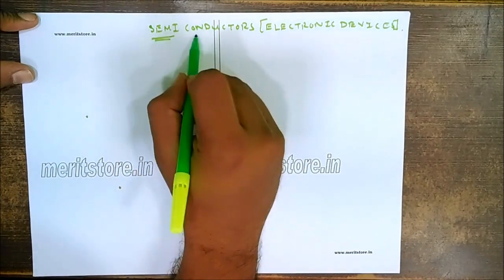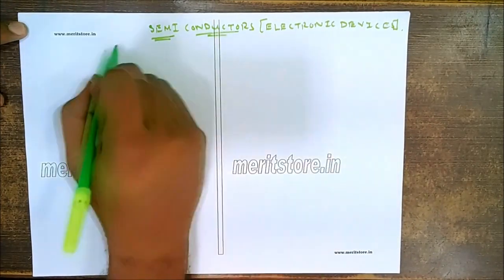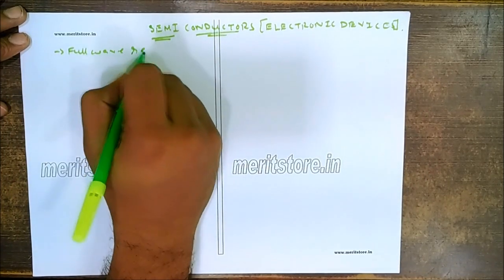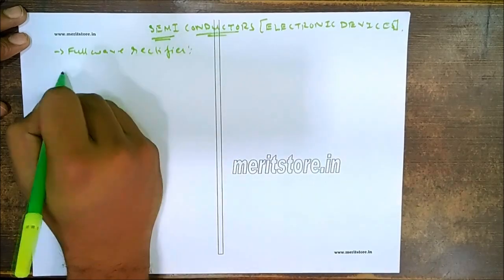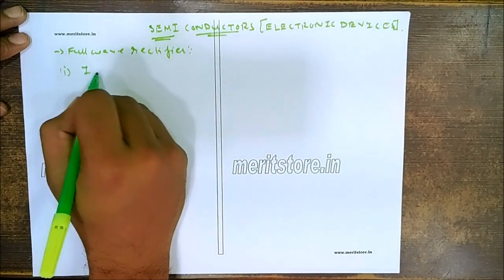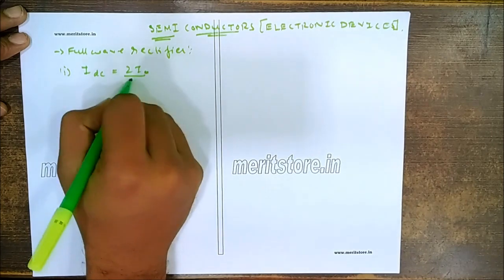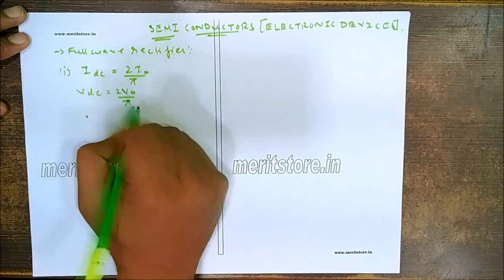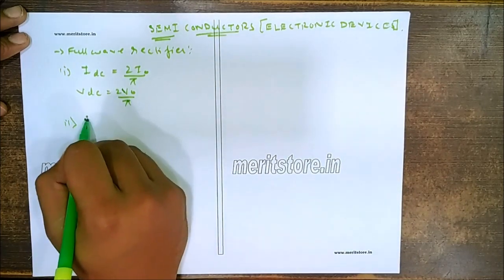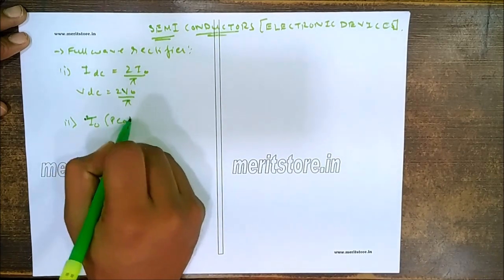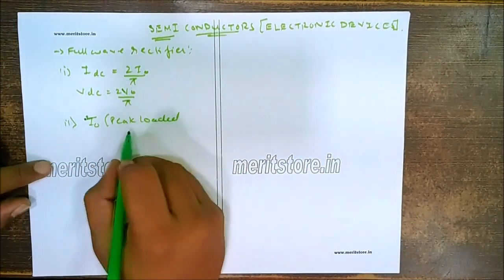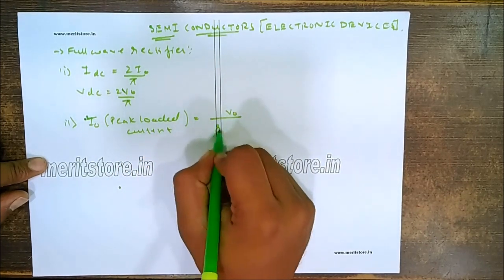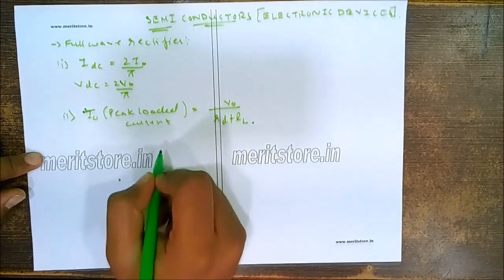The next chapter is semiconductors and electronic devices, also known as electronic devices. Number 1, full wave rectifier. We have IDC is equal to 2I naught upon pi, and VDC is equal to 2V naught upon pi. The next formula is peak load current, that is I naught, given as V naught upon RD plus RL.